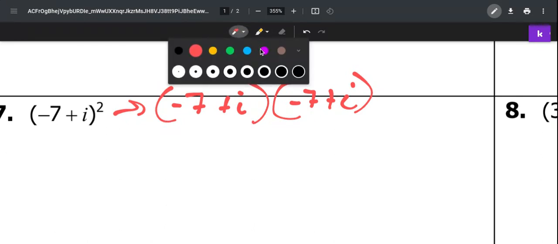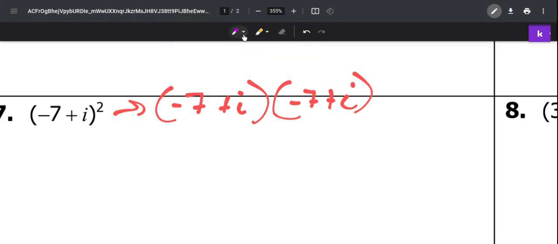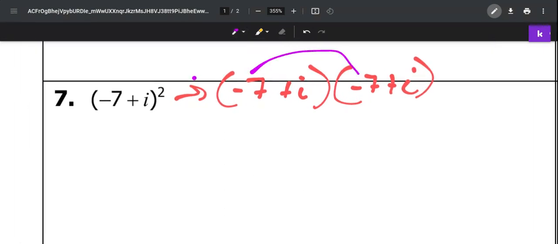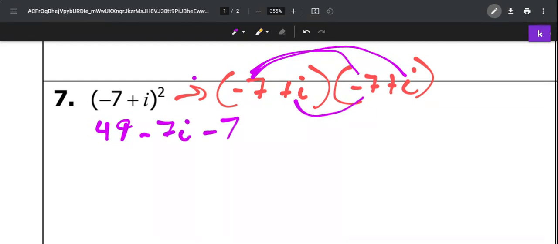So here's what it looks like just foiling. We would say -7 times -7 is 49. -7 times a positive i is -7i. Then we would take i times -7, so -7i, and then i times i, which is plus i squared. All right?